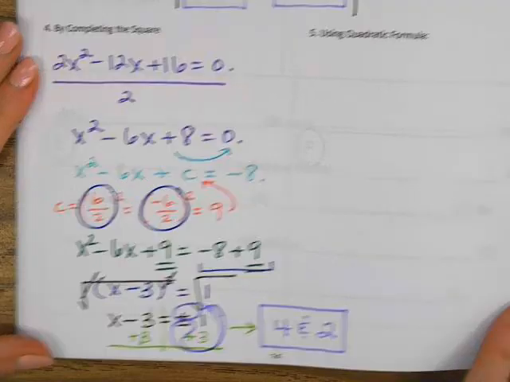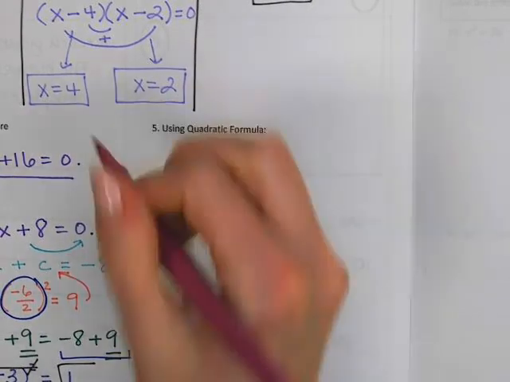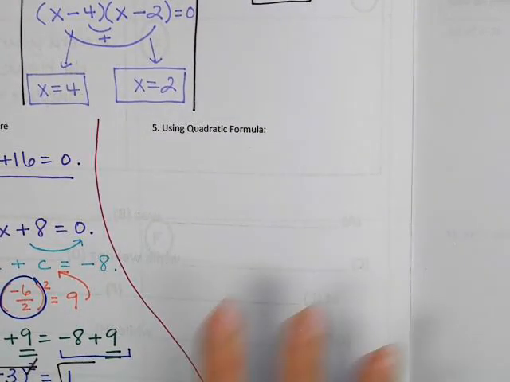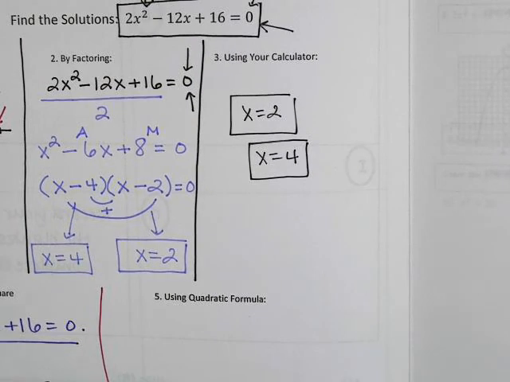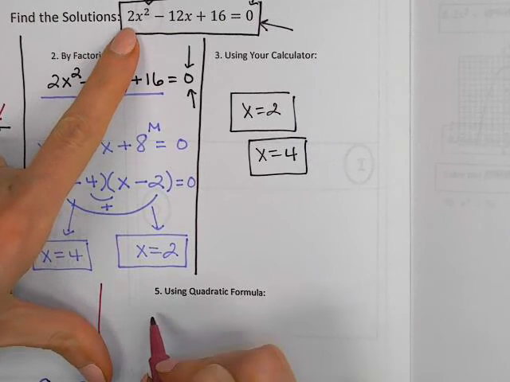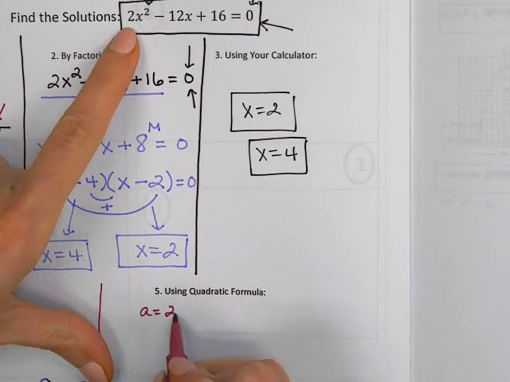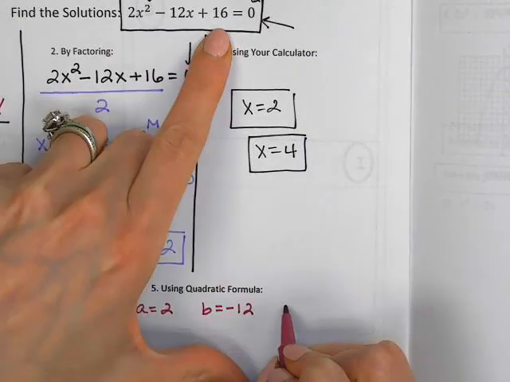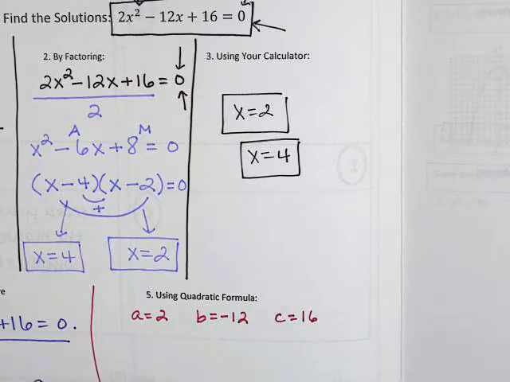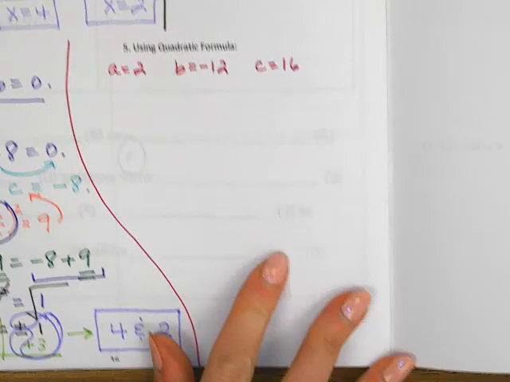Okay, let's do a review of the quadratic formula. So let's see what our a, b, and c are. In our problem here, a is 2, b is negative 12, and c is 16. All right, so let's plug them in.